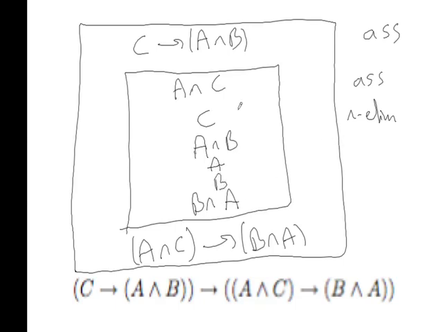So if we want to annotate the proof, let me put line numbers now. This one was from line 3 and line 1 by an implication elimination. Now this one was from an AND elimination from line 4.